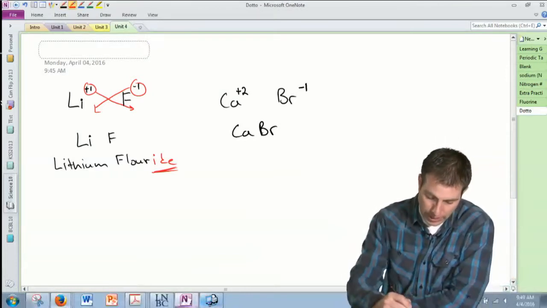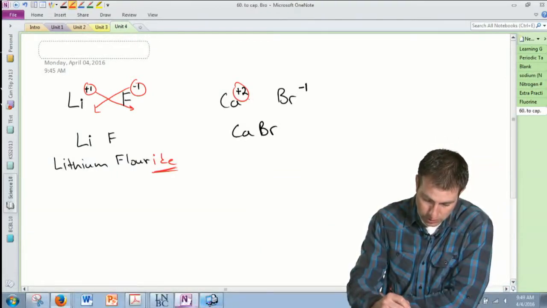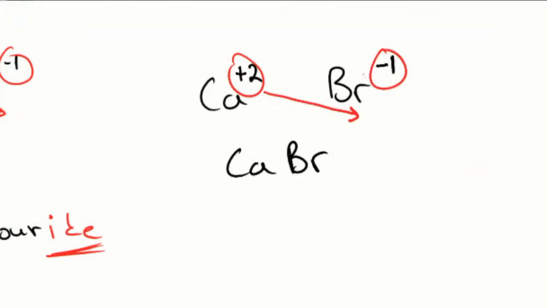Or you can think about it as a crisscross of your charges. The 2 comes down next to the bromine, and the 1 comes down next to the calcium. So it looks like this, Ca1, Br2. One super common mistake I see students make is they bring the charges down with them. Notice I'm not writing +2 or -1 down here, I'm just writing the numbers, because I'm not talking about charges anymore, I'm talking about ratios of elements.